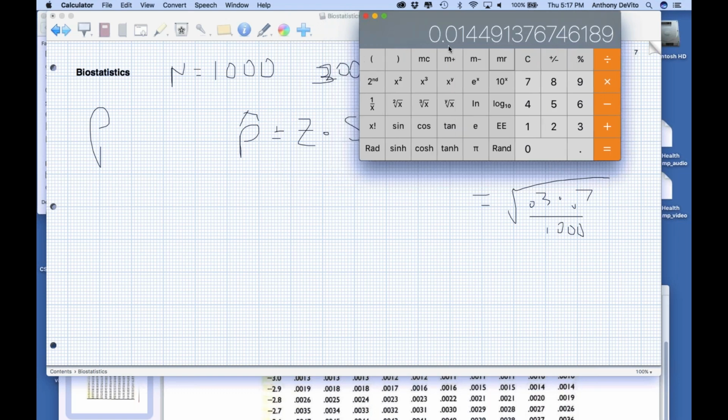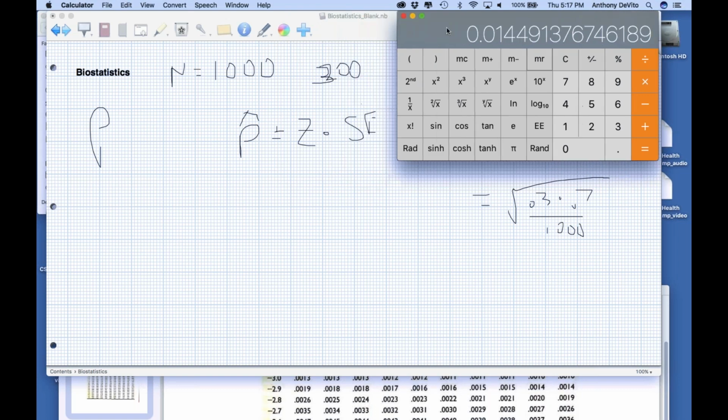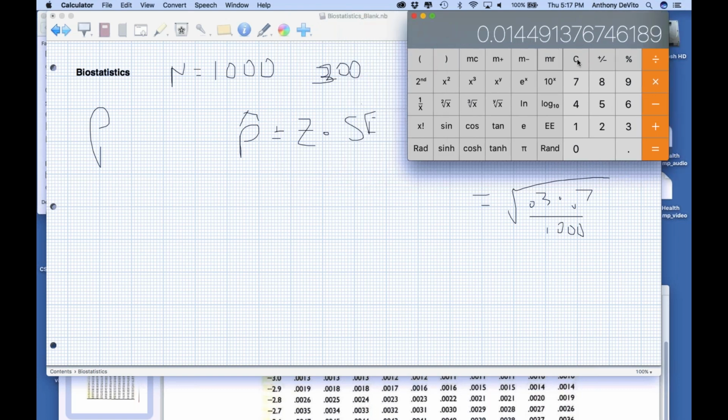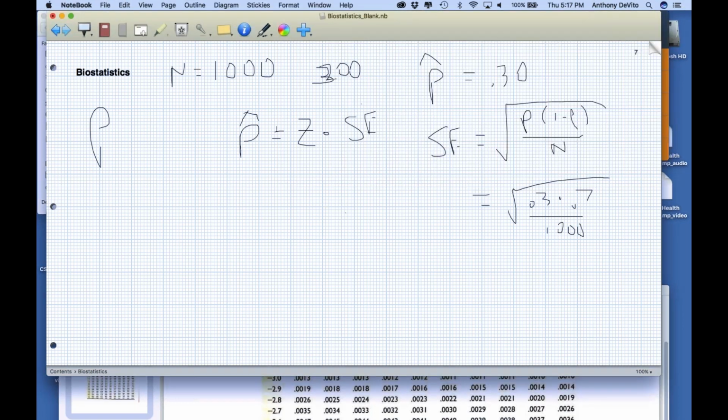Well, this is 0.0145, I'm going to call it. So what is our 95% confidence interval? It's 0.3 plus or minus 1.96 times our standard error, which was 0.0145.